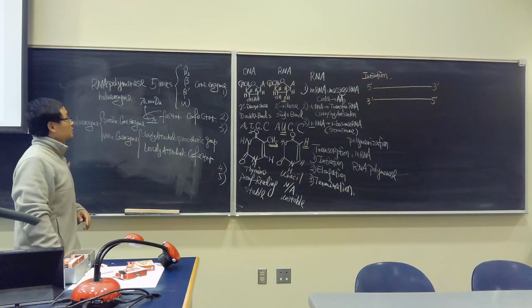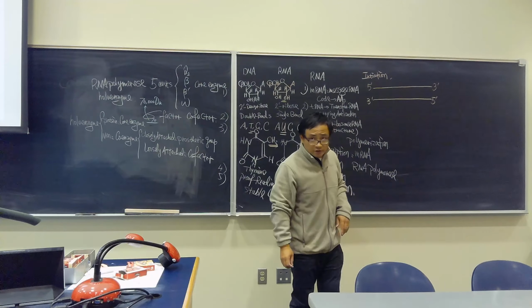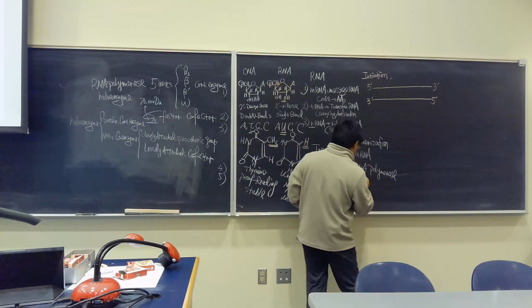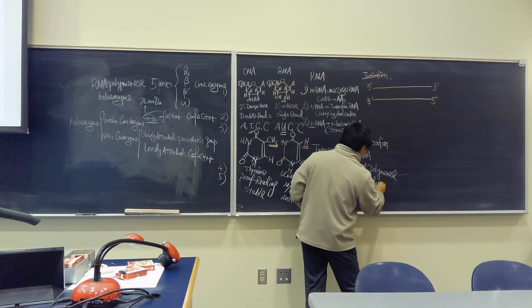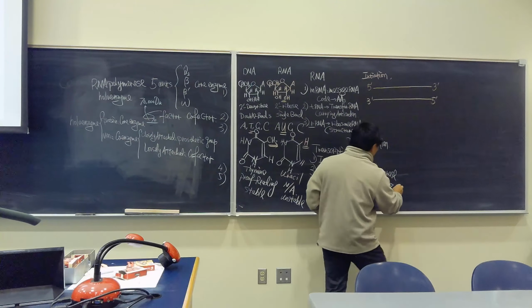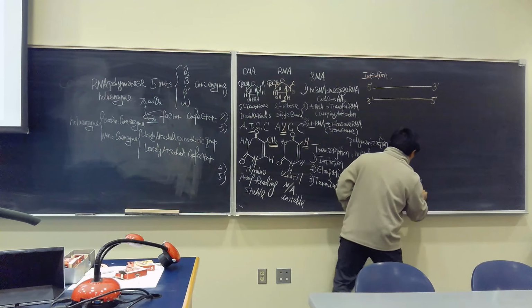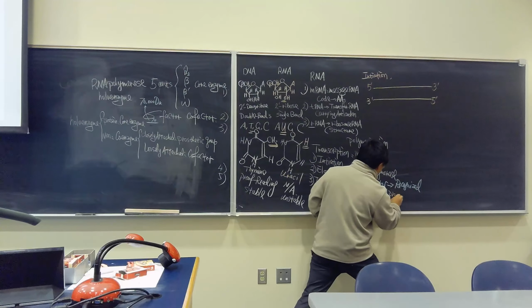Sigma 70 is very important because it helps the RNA polymerase recognize a very special conserved sequence of the DNA, which we call the promoter.